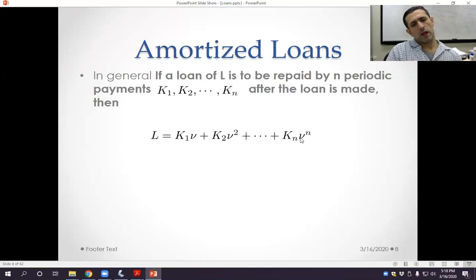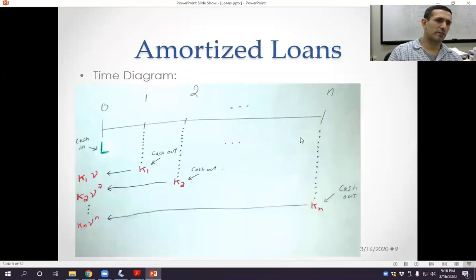And if you want to see a time diagram, here's the cash in. The cash in equals the sum of the cash out, time valued. You discount by 1 period, 2 periods, n periods. As usual, nu is 1 over 1 plus j, where j is the effective per period interest.